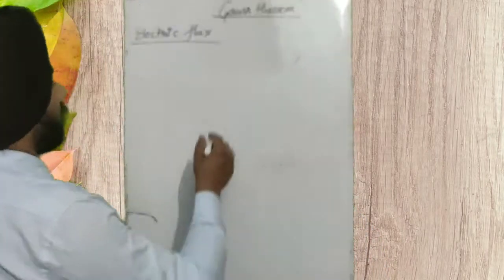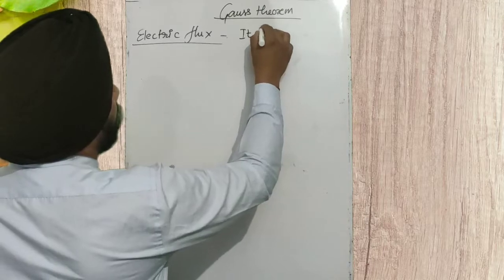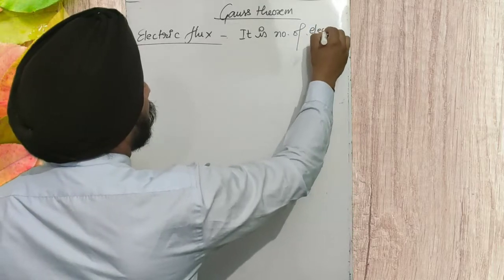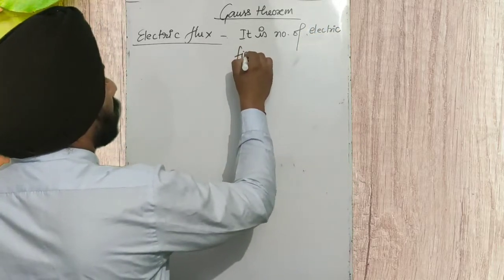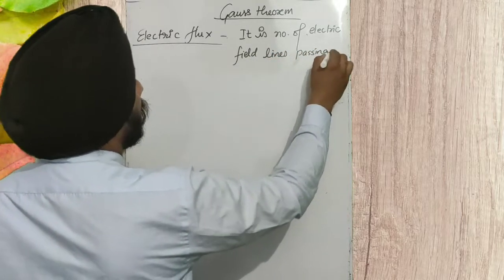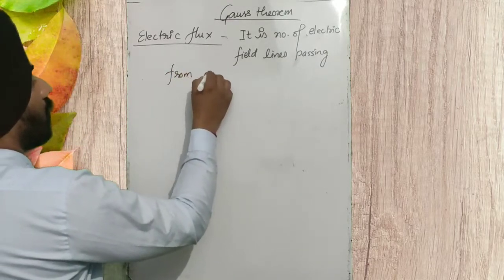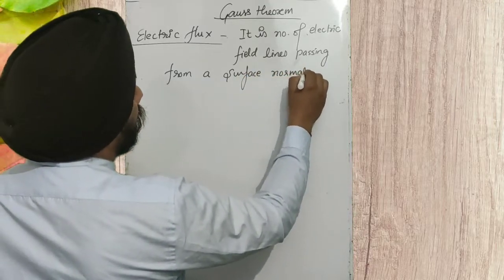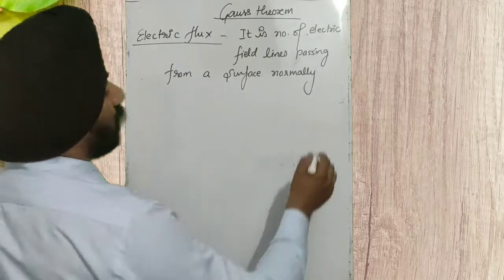So what is electric flux? Electric flux is the number of electric field lines passing through a surface normally, perpendicular to the surface.